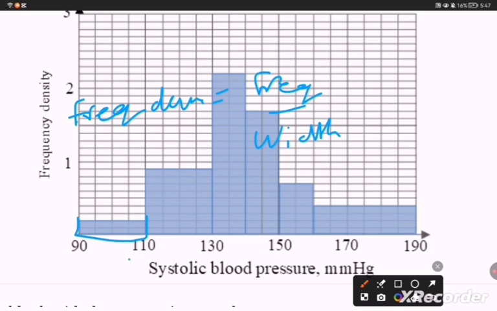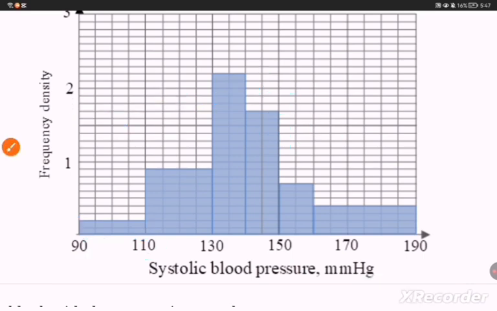The width is basically just the upper bound minus the lower bound, or like the highest value minus the lowest value. So in that case, you're just going to do 110 minus 90, so 20, 130 minus 110, 20, 140 minus 130, 10, 150 minus 140, 10, 160 minus 150, 10, and 190 minus 160, 30.